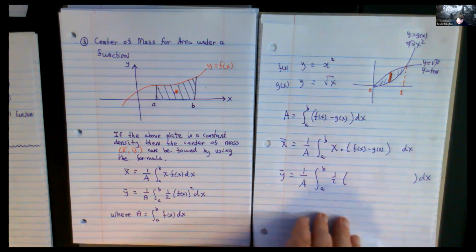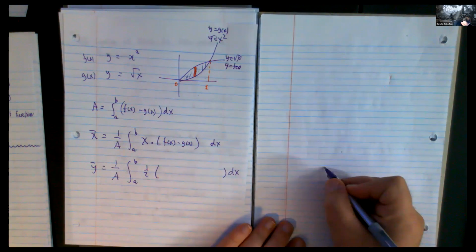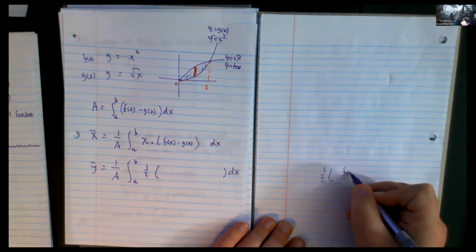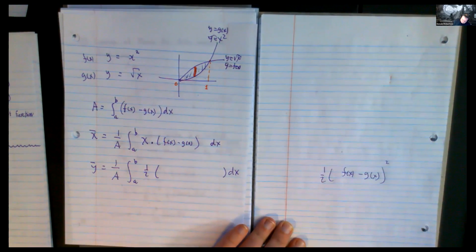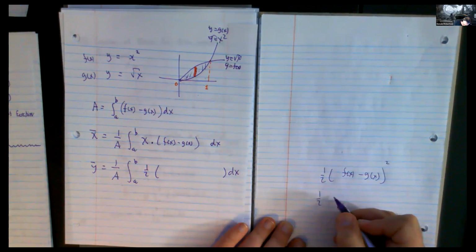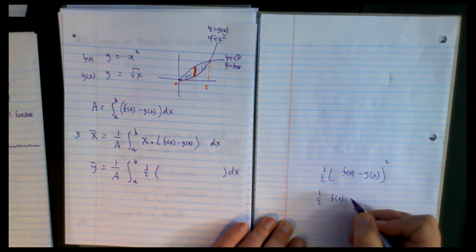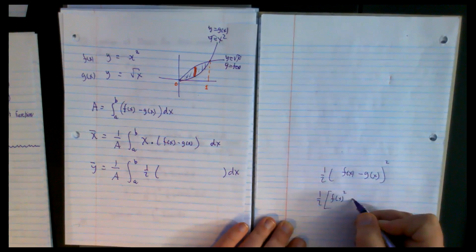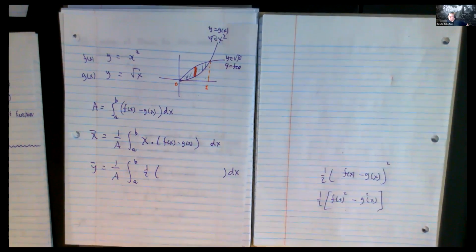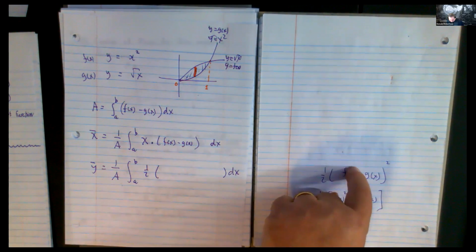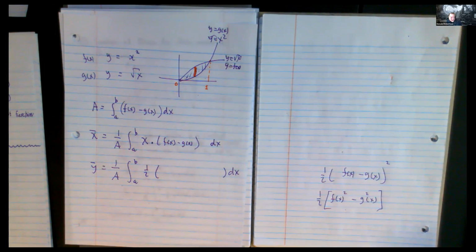Couldn't it be f of x take away g of x, everybody squared? Or you square them first and then you subtract them. One of those two is actually the right answer, and the other one doesn't work.